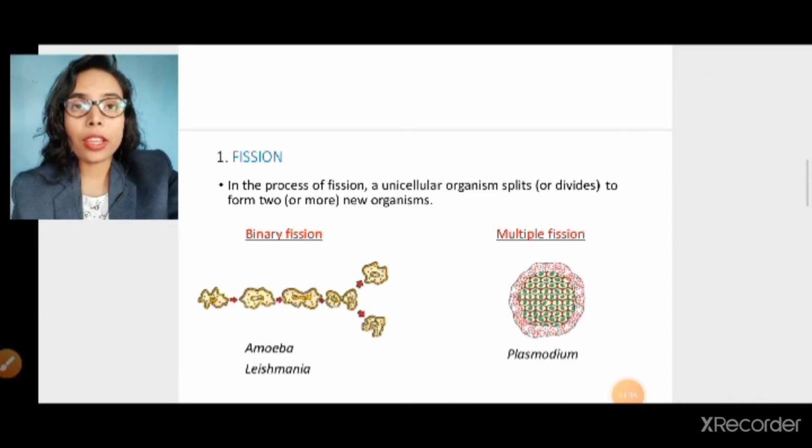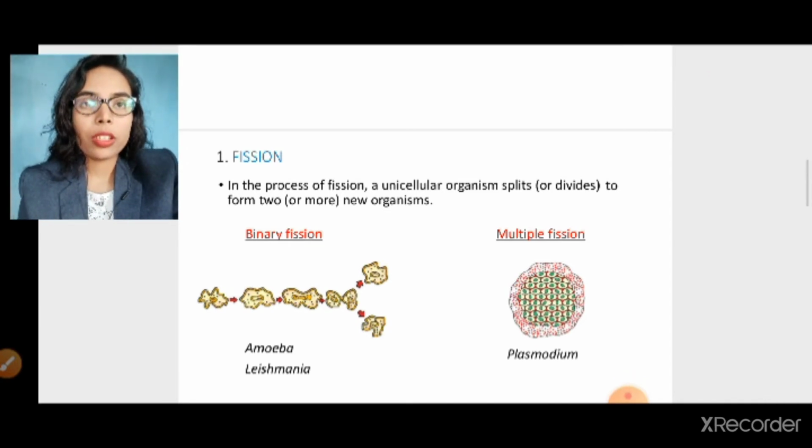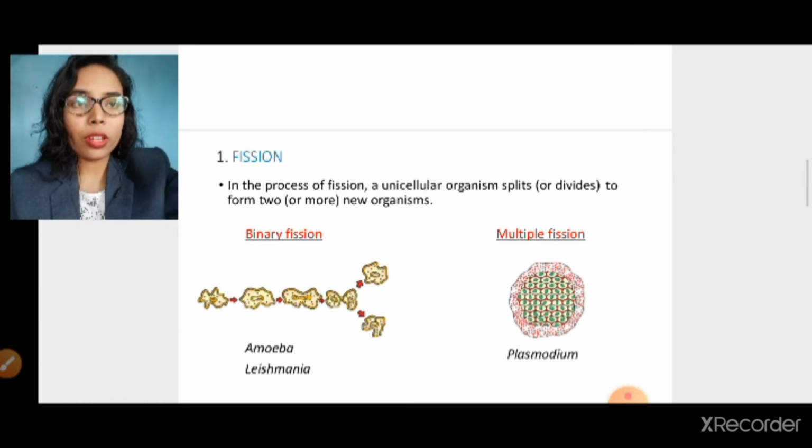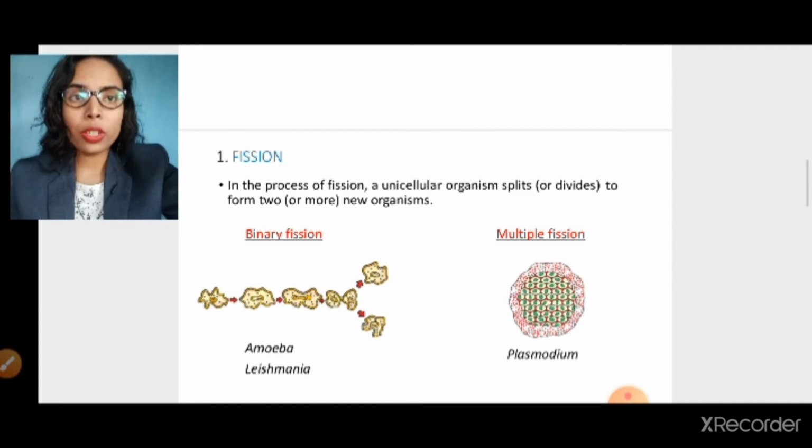Let us discuss the types of asexual reproduction. First type is fission. In the process of fission, a unicellular organism splits or divides to form two new organisms. The examples are binary fission and multiple fission. Binary fission occurs in amoeba and leishmania.